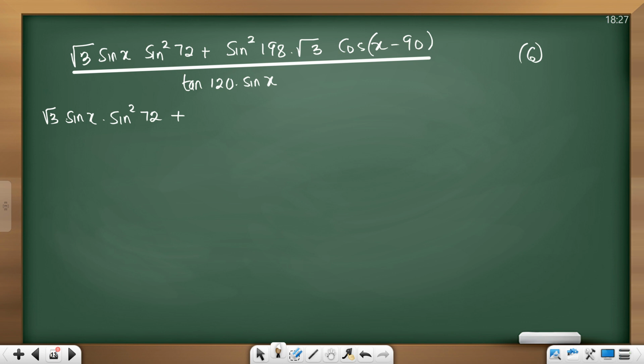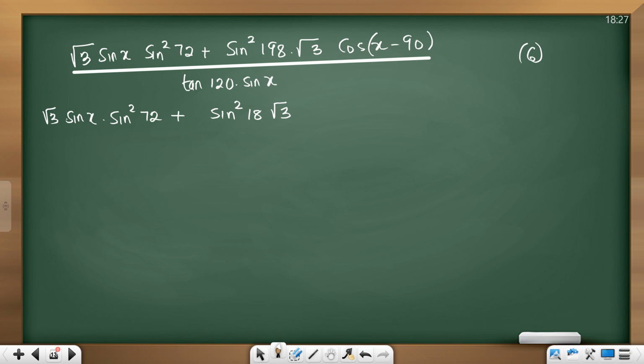You are having negative sine 18. Square it, the negative falls away. What do you have? Sine squared 18. Right? Root 3 and what is cos x minus 90?